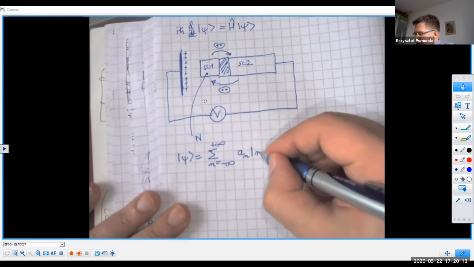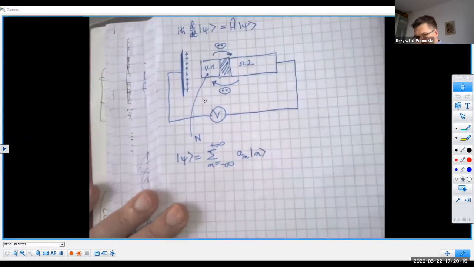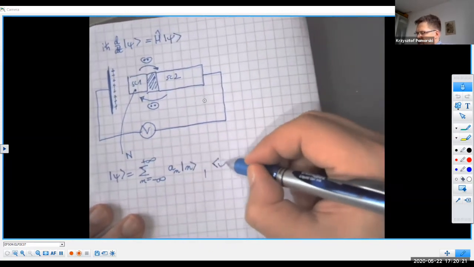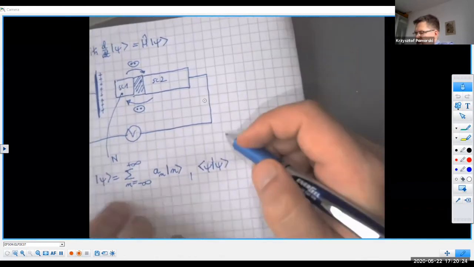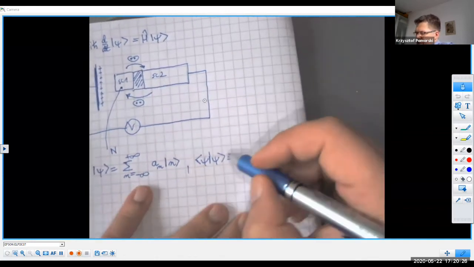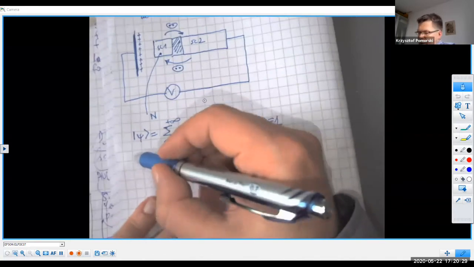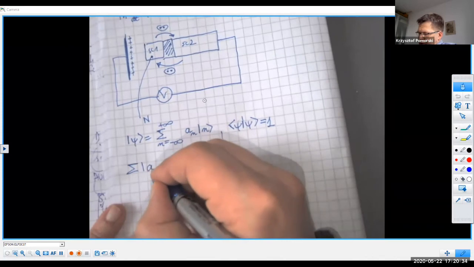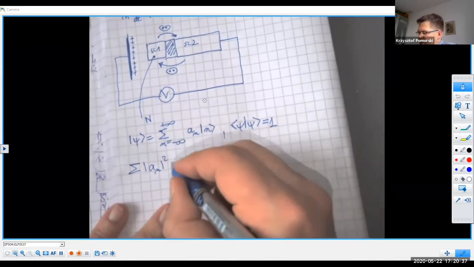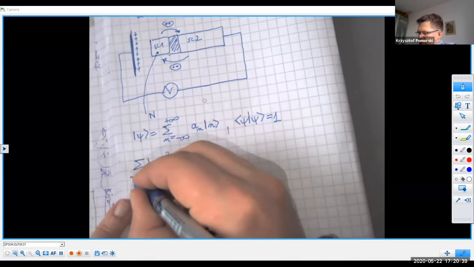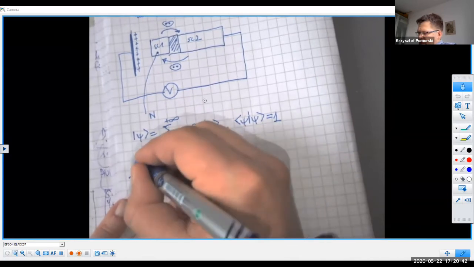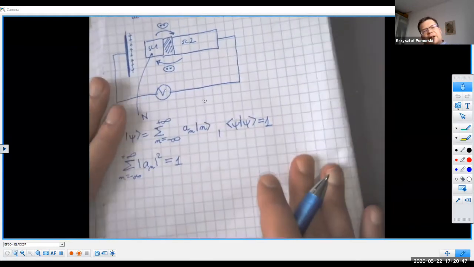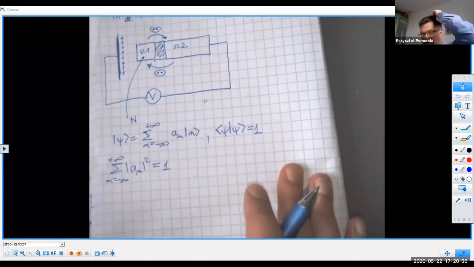This is our wave function. And of course, this wave function is normalized. So essentially, this leads to the condition for these coefficients, that the sum of their squared magnitudes must be set to 1, from minus infinity to plus infinity, right?